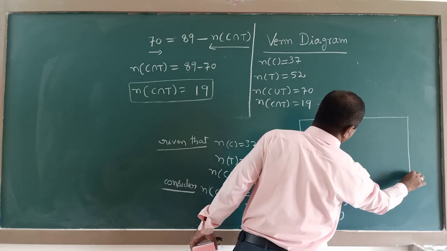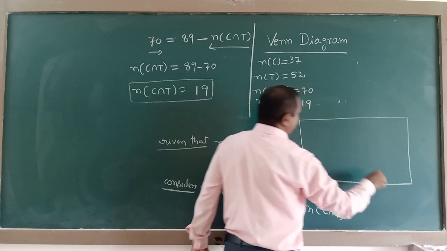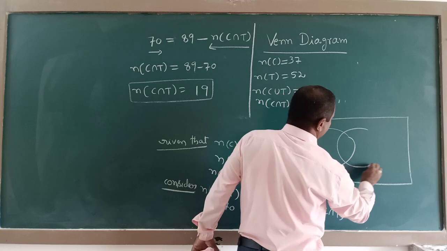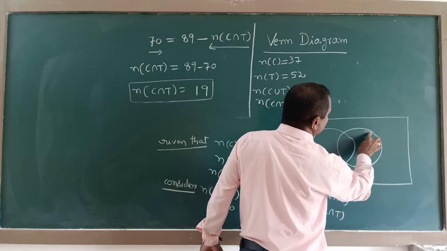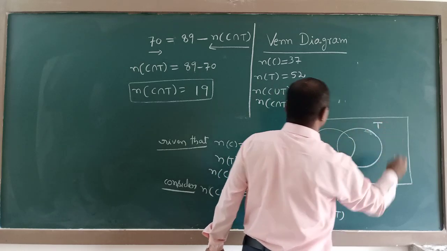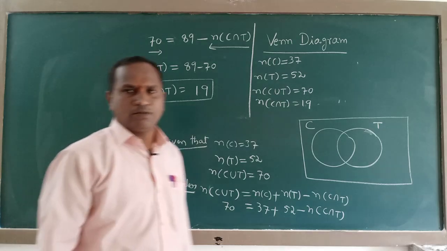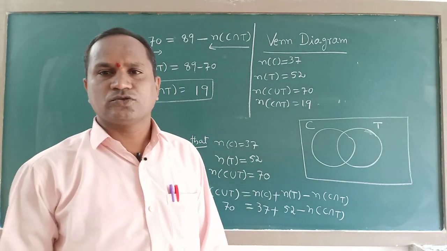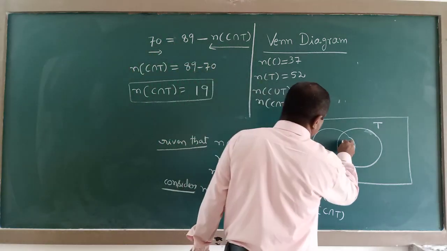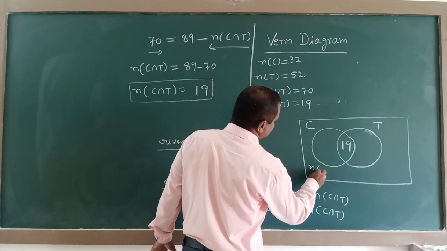So this is the Venn diagram. Take two sets, C is one set and T is another set here. When you are going to draw the Venn diagram, what are the common elements in both those two sets? We should write them first. Here common 19 over there. And here n of C is equal to 37.